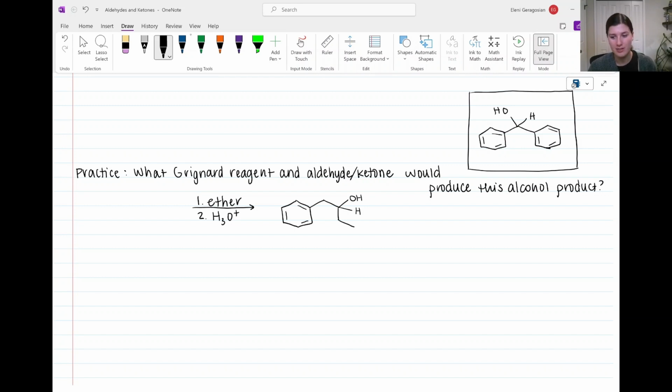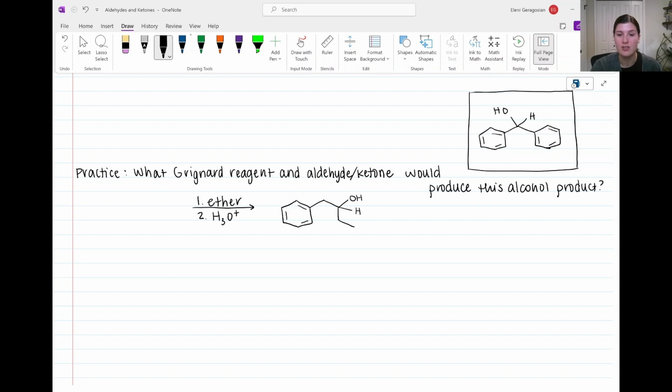You could pause the video here and try completing this on your own. I'll of course go through it. One thing I noticed immediately looking at the product is the location of the alcohol group. When we're adding Grignard reagents or any organometallic reagents, the alcohol oxygen comes from the carbonyl oxygen.